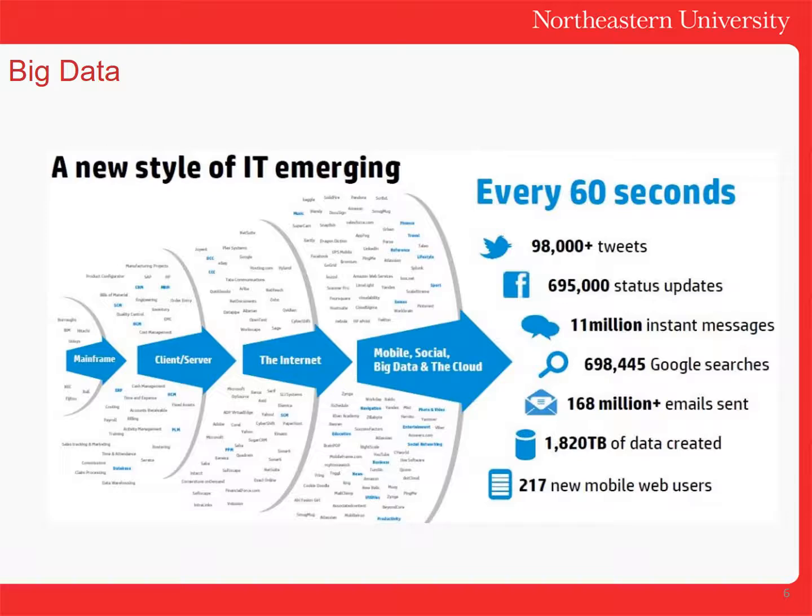As you can see on this little graphic here, the world is evolving over, in this example, maybe 30 years, where we now have immense data sources that are changing incredibly quickly. Every 60 seconds, this data's way out of date, but it just gives you an idea. You're getting around 100,000 tweets, 700,000 Google searches, nearly 2 terabytes of data created every single minute. This is an awful lot of data.